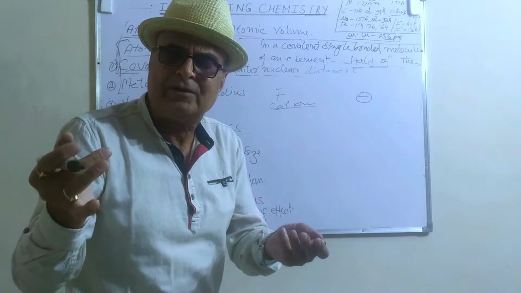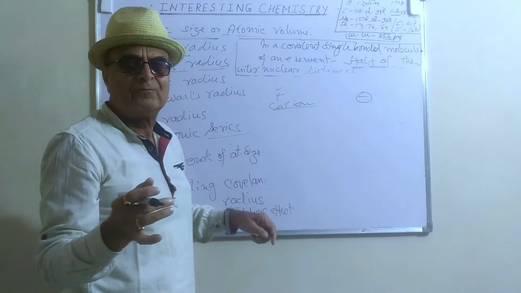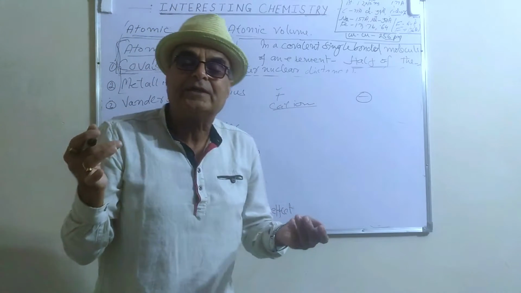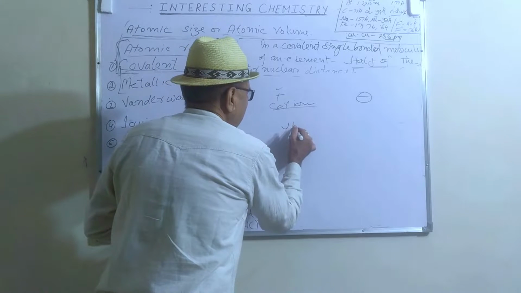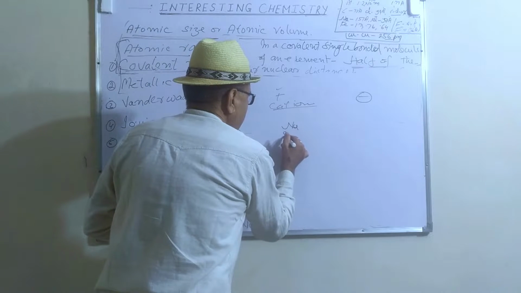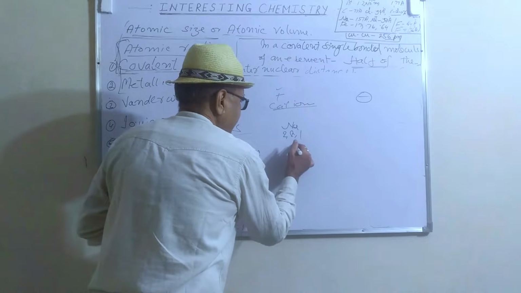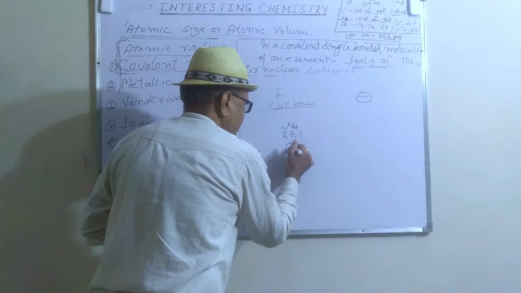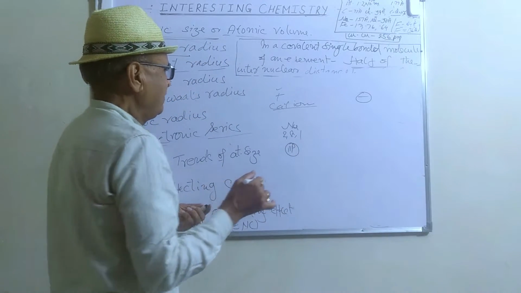I am repeating, I am telling you about how the cation is formed. Suppose this is Na, having the electronic configuration of 2, 8, 1 and 11 protons in the nucleus.